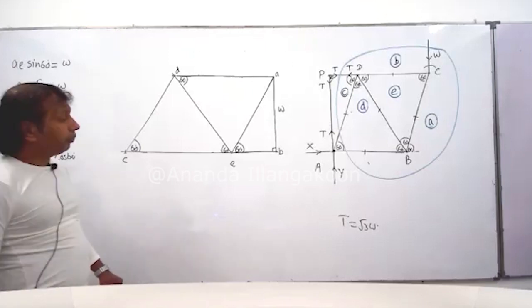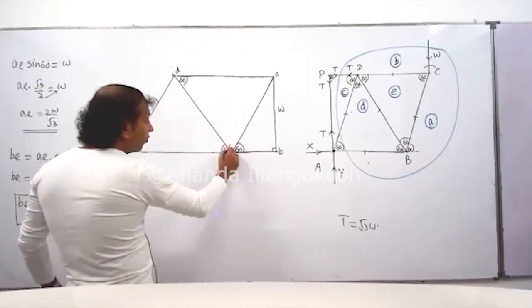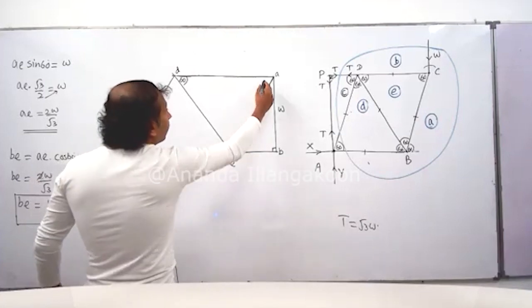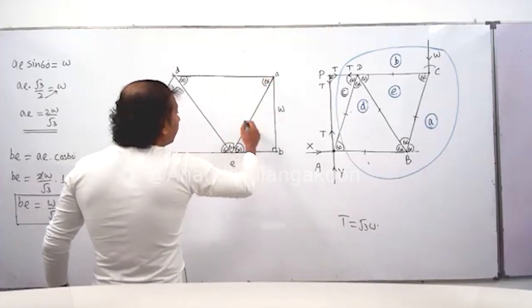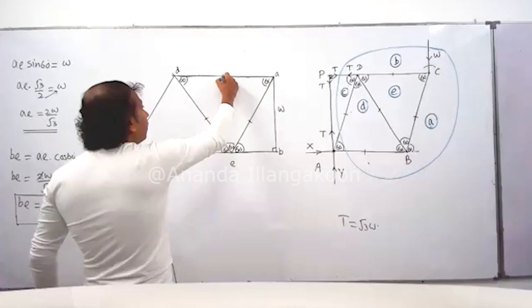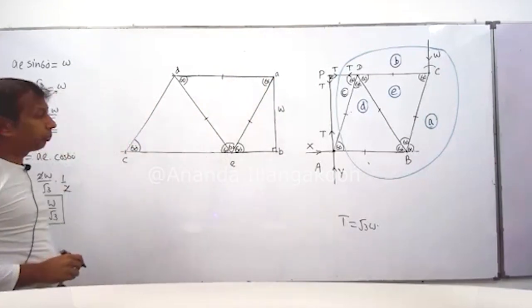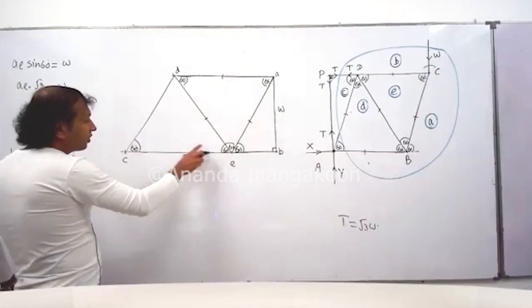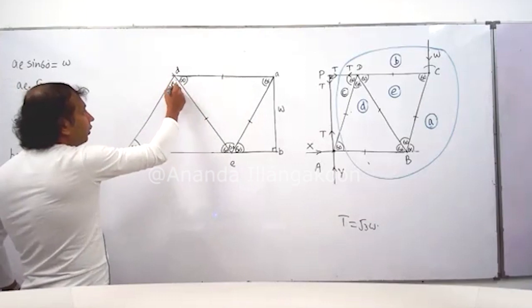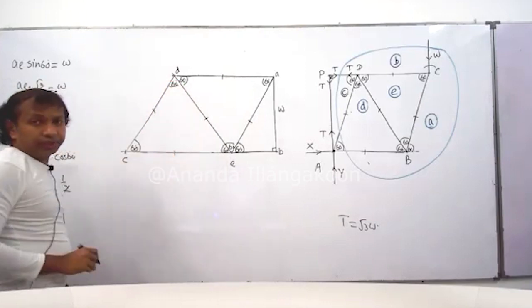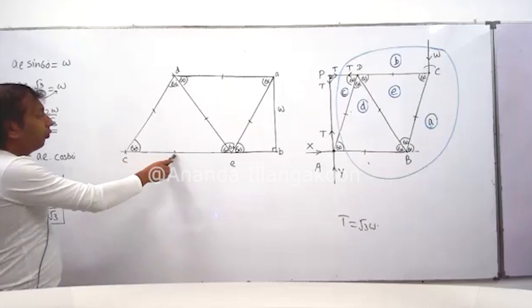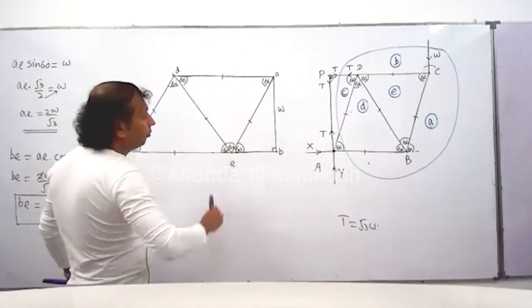And you know, this angle is 60, this is 60, therefore this is 60. Therefore, these three sides form an equilateral triangle. Similarly, this is 60, this is 60, this is also 60. Therefore, these sides are equal.